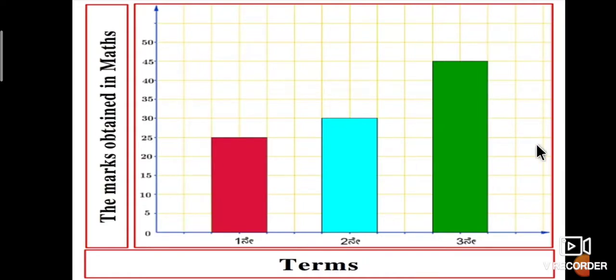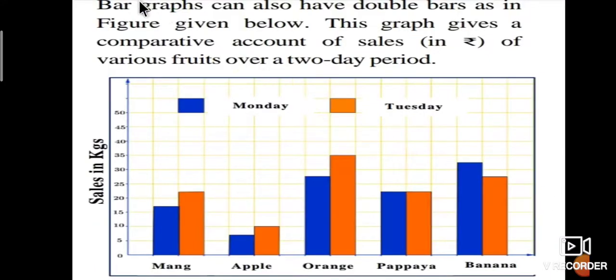Dear students, write down how to make a bar graph. Here observe that the bars have equal width. Bar graphs can also have double bars, as in the figure given below.